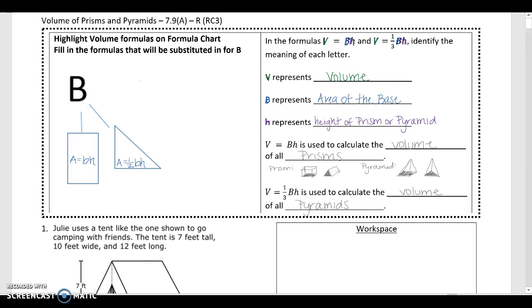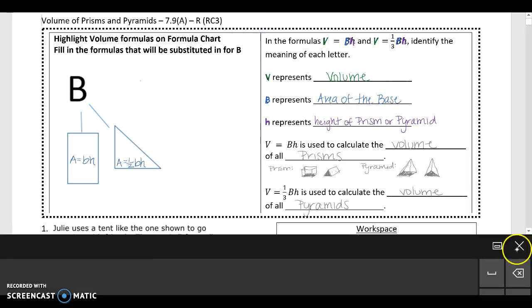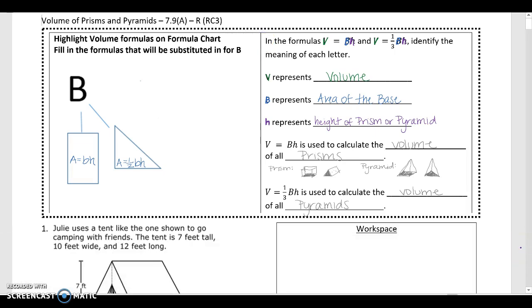And remember that your height is always going to be at a 90-degree angle, right? So height would be right here for the prism, but if we're talking about the triangular prism, you want to think about it sitting up on its base.